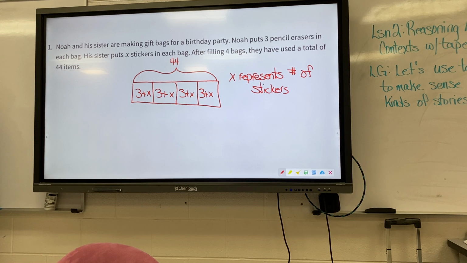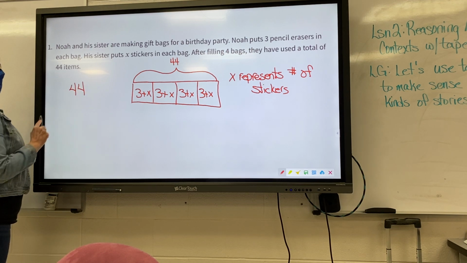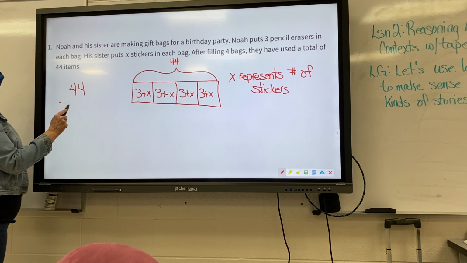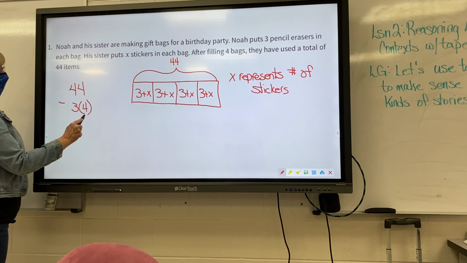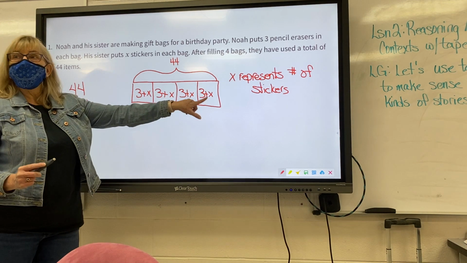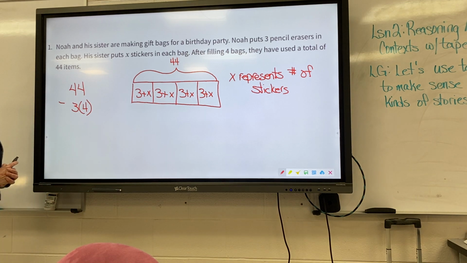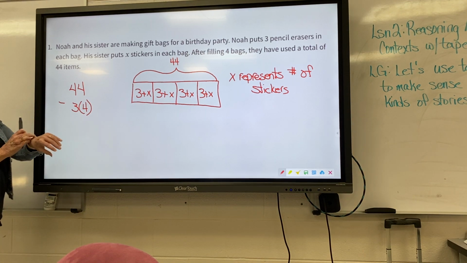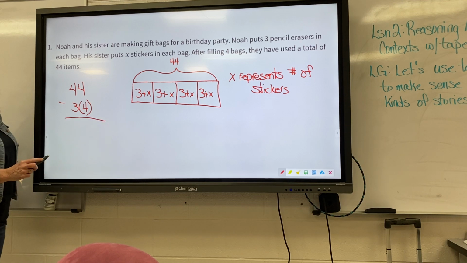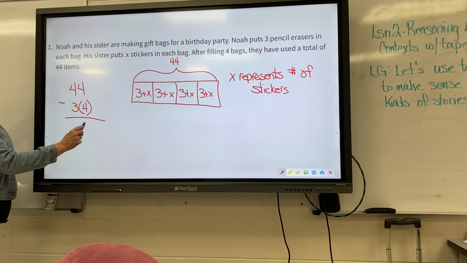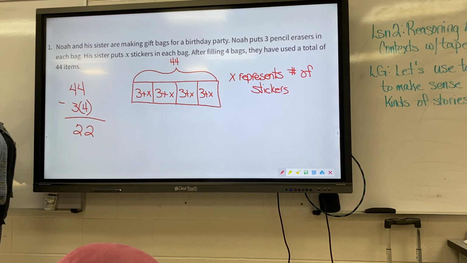Okay, now, how could we solve this? 44 minus 3 times 4. So you're saying I can do 44, take away 3 times 4, that's your 3's. You see that? So that's 44 minus 12, which is gonna give me what? 32.